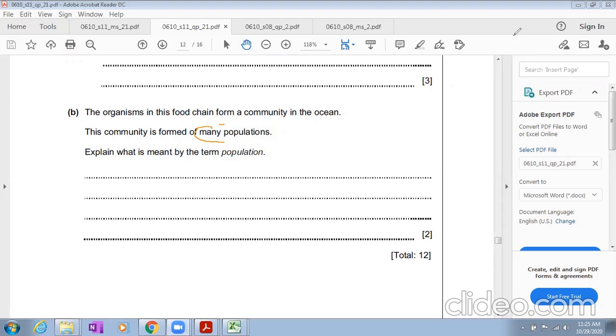A specific species that lives in a habitat, in a specific place at the same time, is called a population.